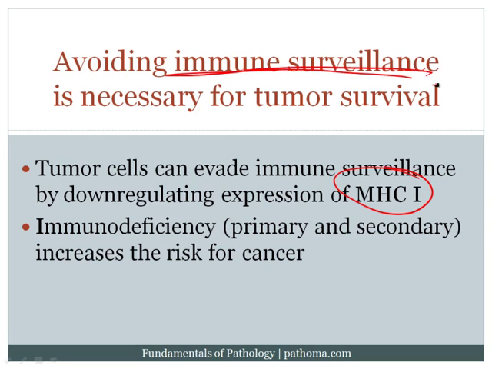One of the ways tumors can avoid this immune surveillance is by downregulating MHC I. If MHC I is downregulated, the abnormal proteins being produced by the tumor won't be expressed on the surface, and the CD8 positive T cells won't be able to come in and kill those tumor cells. So that's one way tumor cells can avoid immune surveillance.